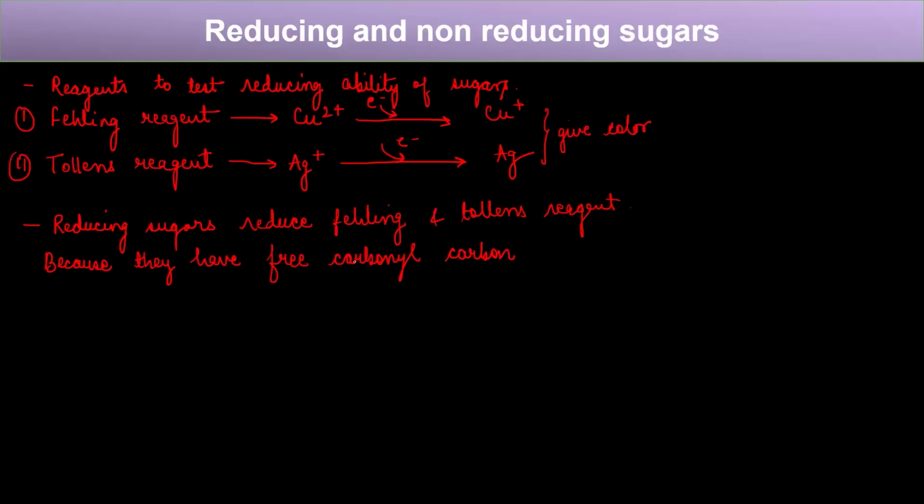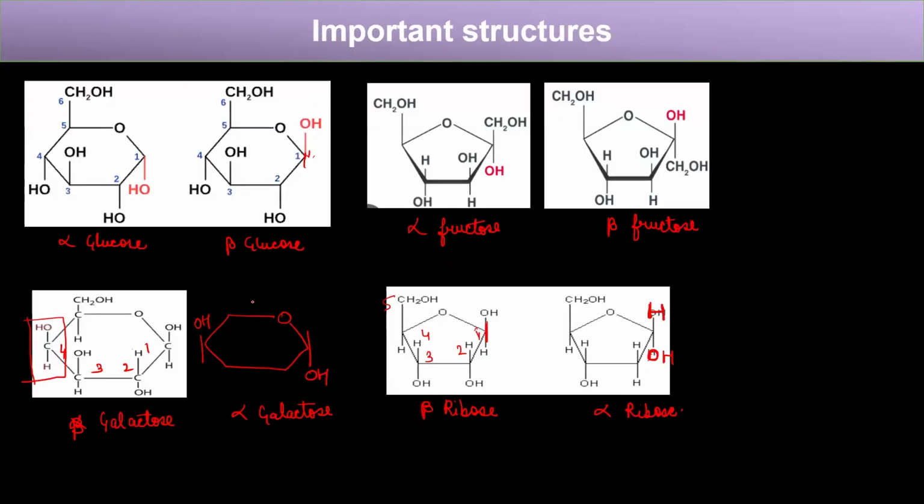Now, what do I mean by free carbonyl carbon? Free carbonyl carbon means that they are not involved in any bond formation. If you look at these structures, these are the major monosaccharide structures, right?